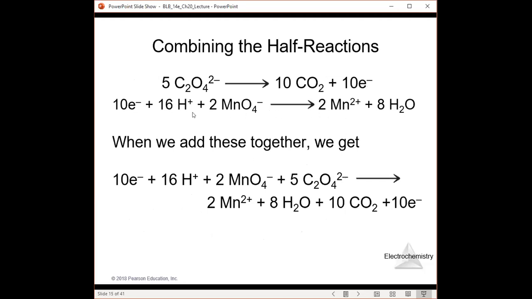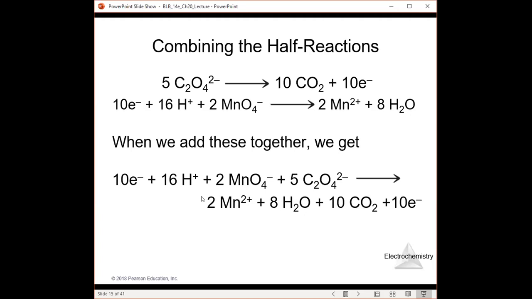So they multiplied the top equation by 5, the bottom equation by 2. And then what they do is they add all of it together. So 10 electrons plus 16 H plus, 2 MnO4 minus, plus 5 C2O4 2 minus, and this is what you get right there.